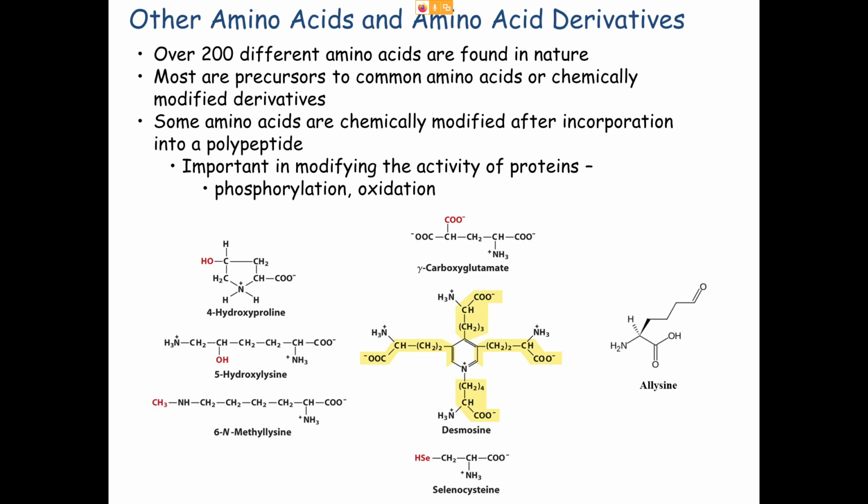Number 4, or in the Greek system, it's the delta. Not delta, gamma. Remember the carboxyl one doesn't get a letter. This is the carboxyl group, then the alpha, beta, gamma. Remember the amino group is on the alpha carbon. And so on the gamma carbon, I put an OH. So it could say 4-hydroxyproline or gamma-hydroxyproline.